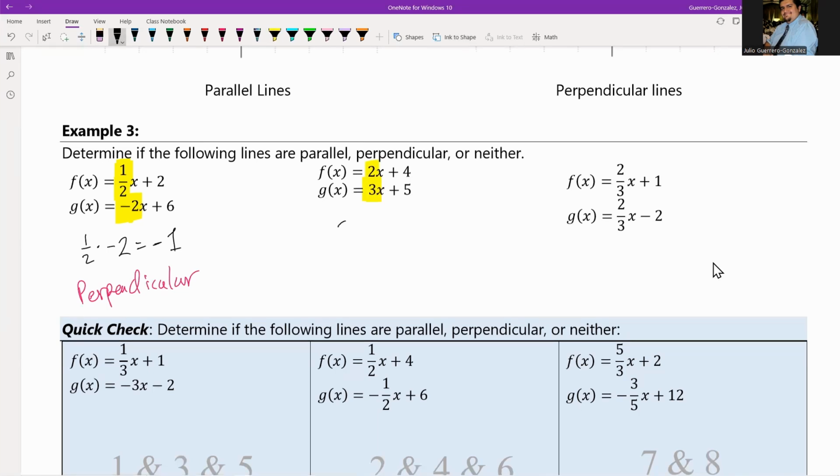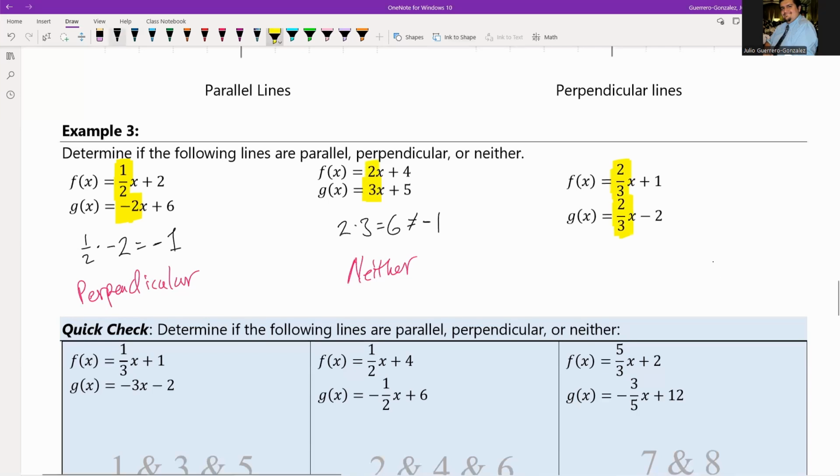And then if you do 2 times 3, that is 6. We need it to be equal to -1 in order for it to be perpendicular. So this is a neither. Since the slopes aren't equal and they don't multiply to -1, it's not parallel, it's not perpendicular, it's got to be the neither.